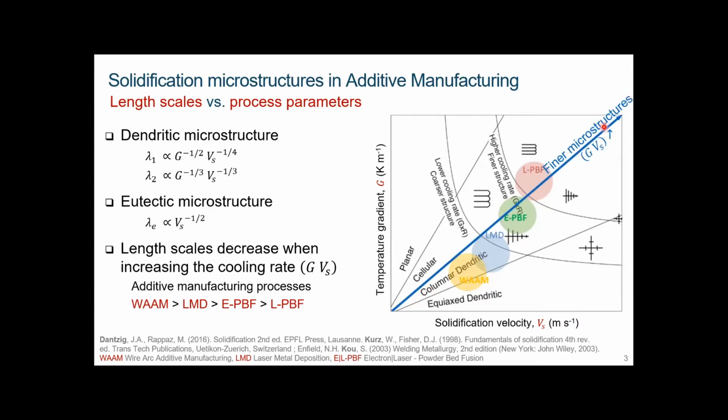Because G times V is the cooling rate, this is a well-known behavior that increasing the cooling rate will lead to finer microstructure.